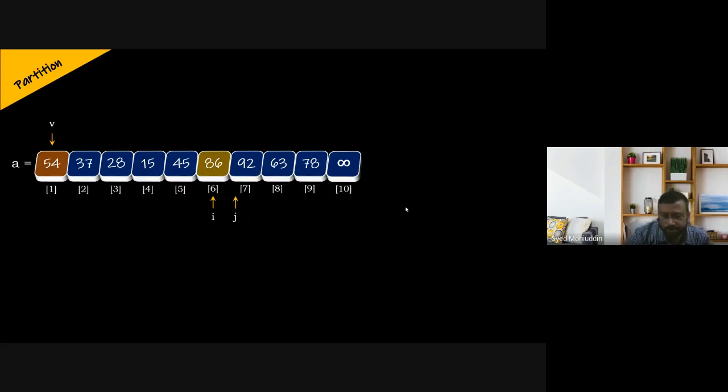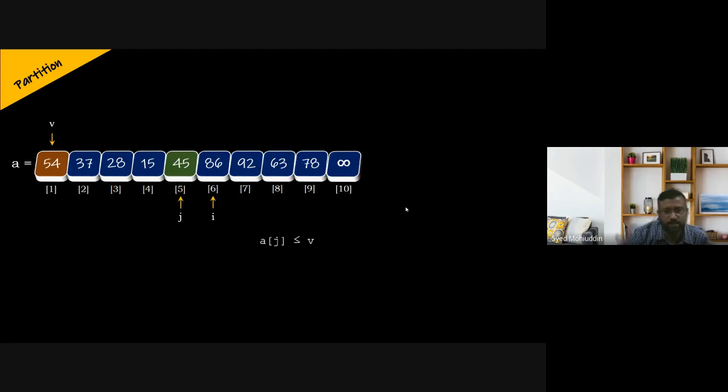Now comes j. j is moved towards left. The element at j, 86, is it less than 54? No. So j moves further towards left. Element at j, that is 45, is it less than 54? Yes.